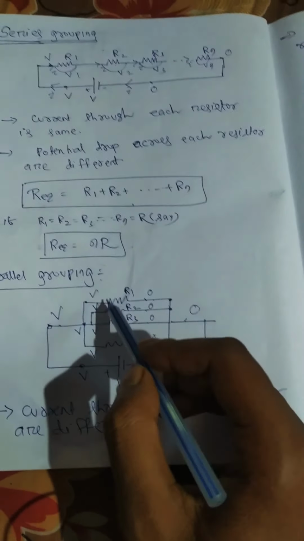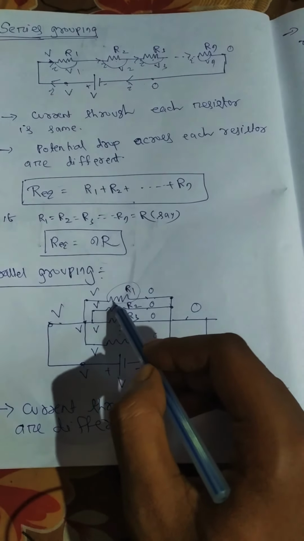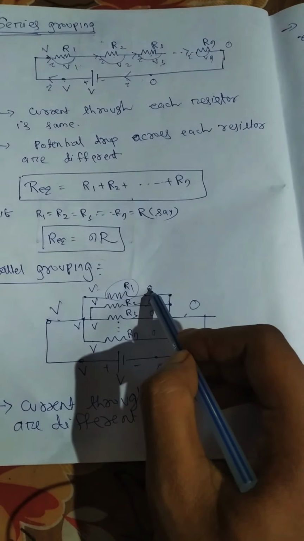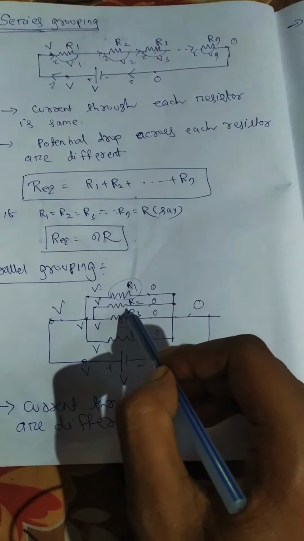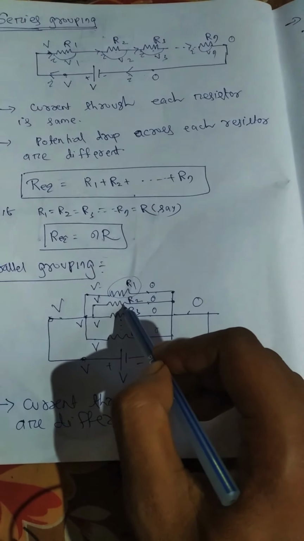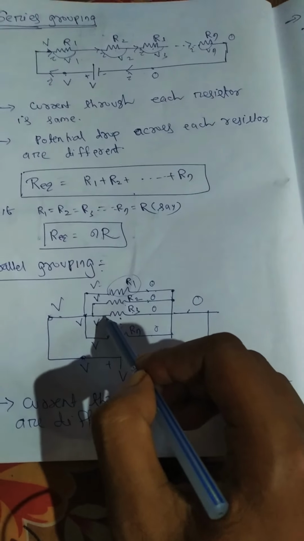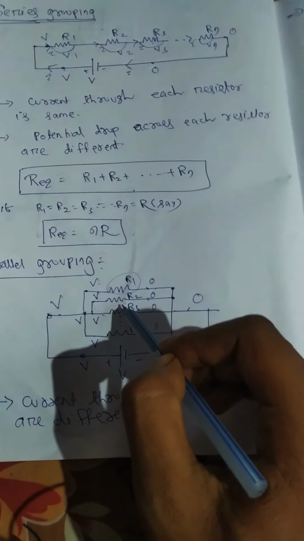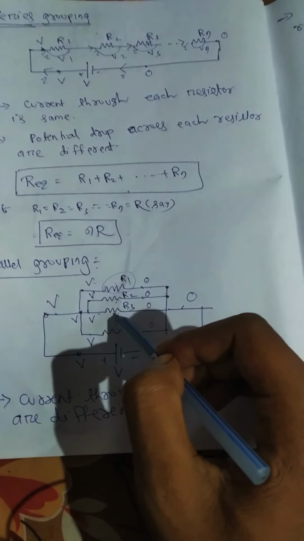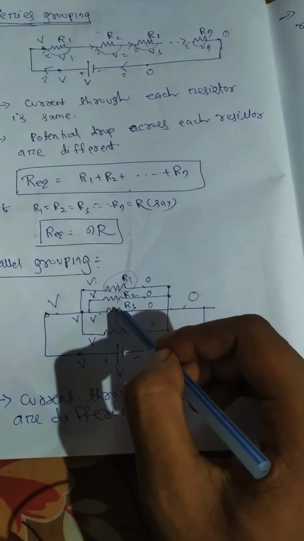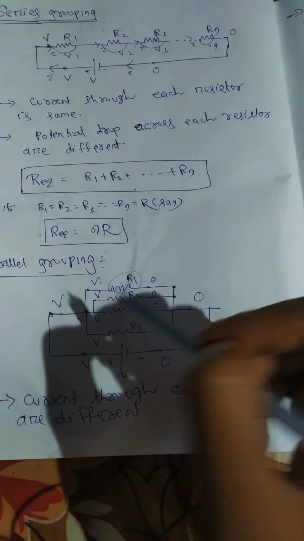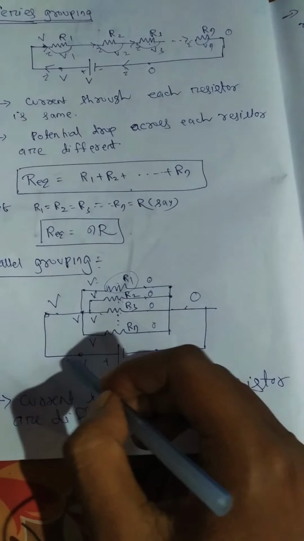As you can see, the potential across R1 is V minus 0, that is V, across R2 is V minus 0, that is V, and across R3 is V minus 0, that is V. So the potential difference across each resistor is the same in parallel grouping. But what happens to the current?